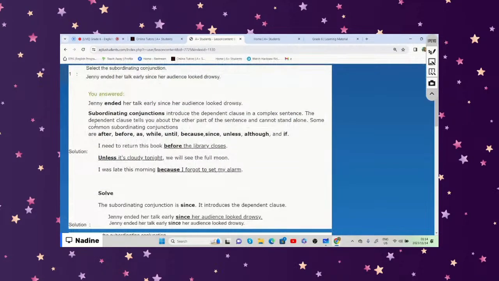And we said that a subordinating conjunction introduces the dependent clause within a complex sentence. And the dependent clause tells you about the other part of the sentence that cannot stand on its own. And we said a few subordinating conjunctions are after, before, as well, until, because, since, unless, although, and if.